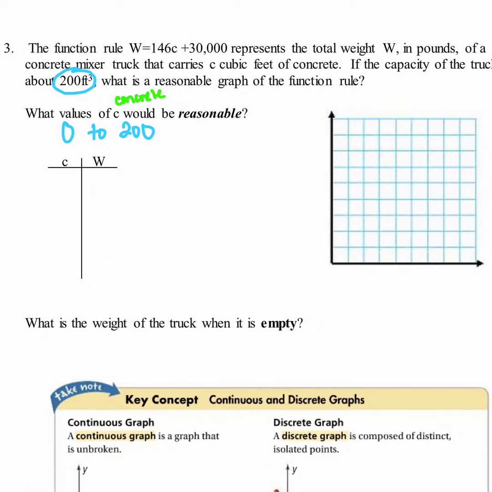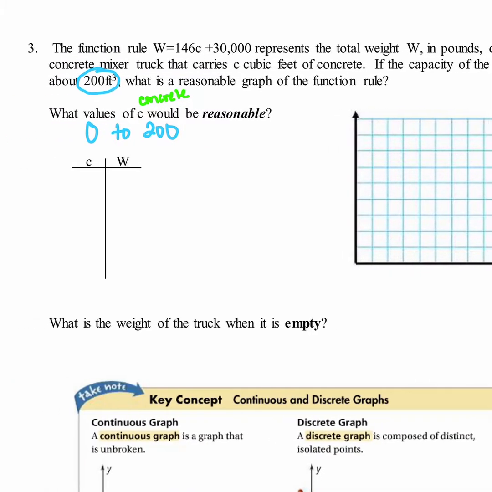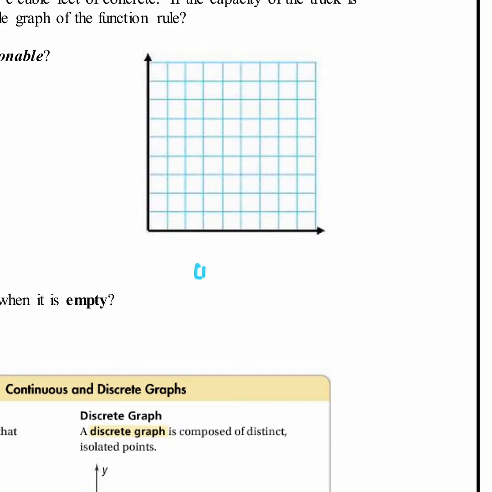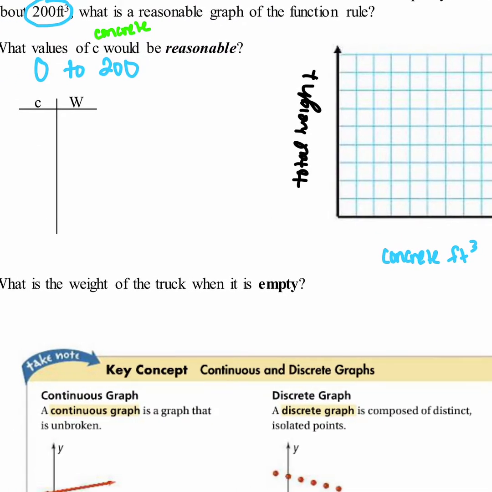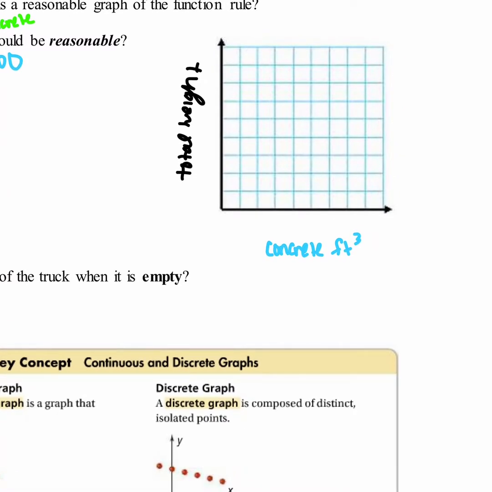Now, whenever we're trying to graph this, let's go ahead and label. So this would be concrete, right? Because the amount of concrete is going to affect the total weight. Now, because we're doing a scale of 0 to 200, we have to think about what each block needs to represent. If we do tens, we're not going to reach 200, right?